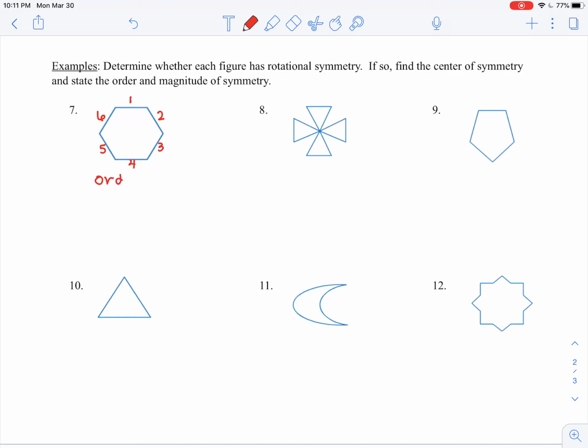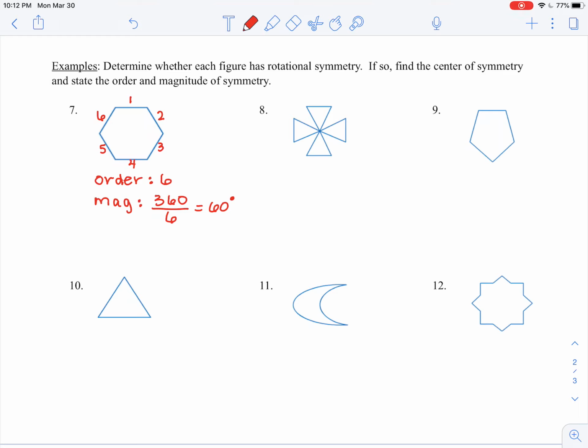So here the order is 6, same as the number of sides for any regular polygon. And then the magnitude is always 360 degrees divided by the order, 6, or 60 degrees. That means for a regular hexagon, each time I rotate to have a different side on the top, I'm turning 60 degrees.